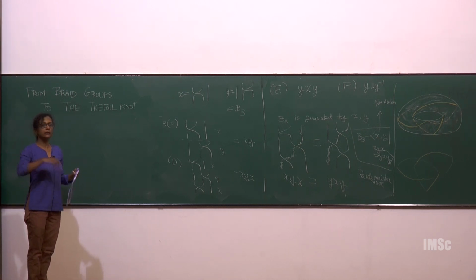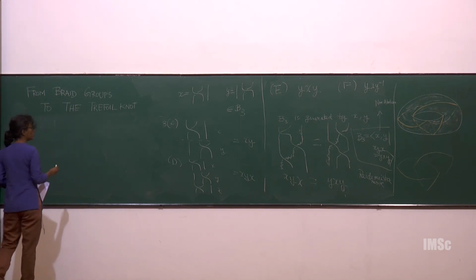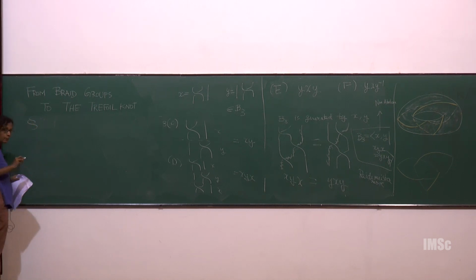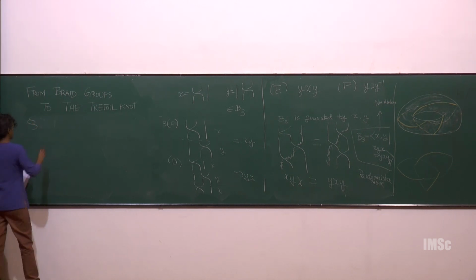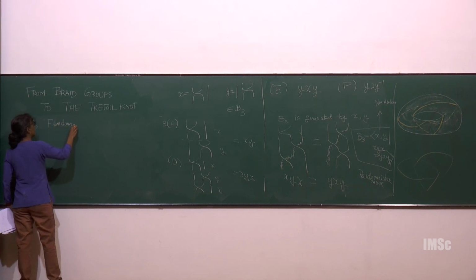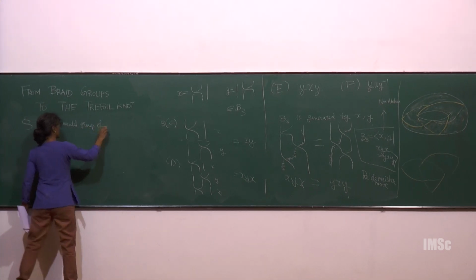We are headed towards giving a different viewpoint of the braid group. And in order to give this different viewpoint, I have to introduce a notion which some of you may have seen in your classes, and that is the notion of the fundamental group of a topological space.